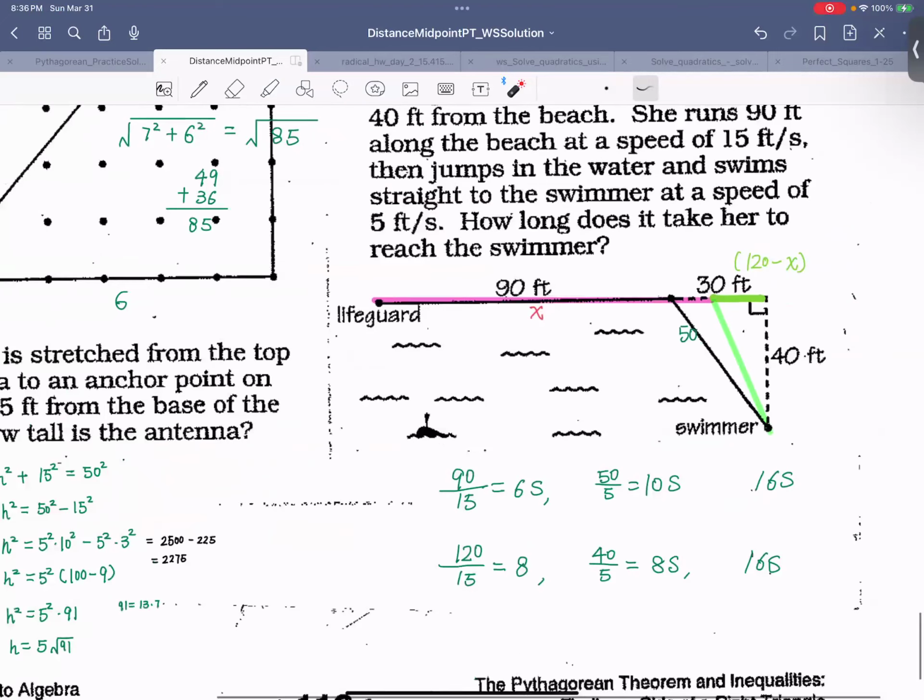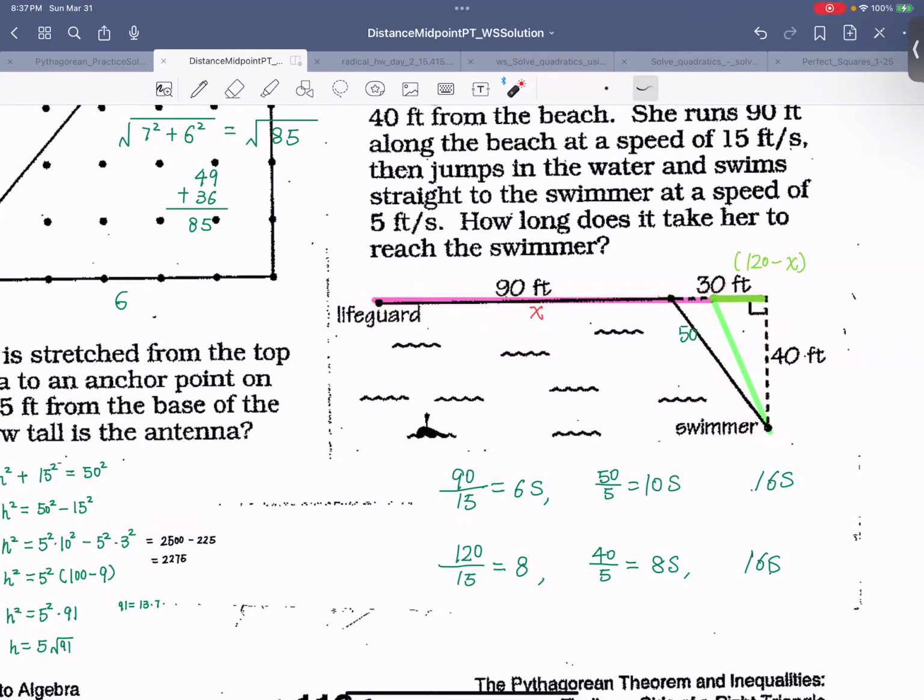Here is an interesting question. Look at this. There is a person almost drowning, okay? So this is a lifeguard. The lifeguard can swim in this direction. The lifeguard can run and then jump into the water. The lifeguard can run all the way here and then jump into the water.